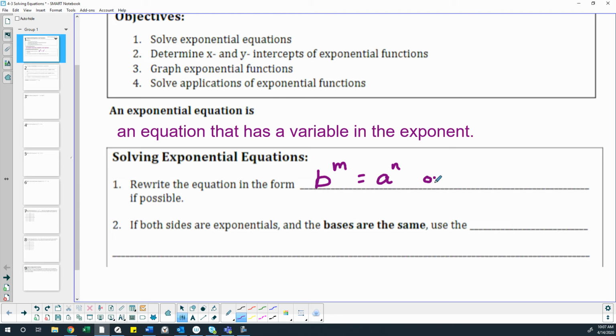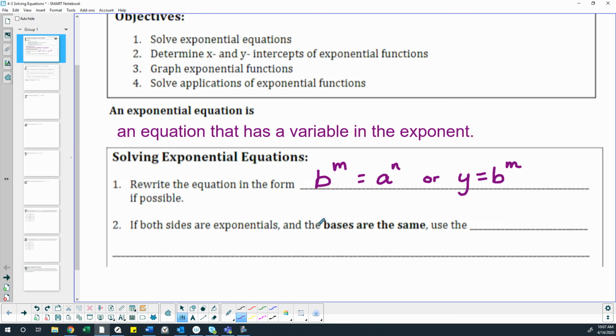Or you might have one side of your equation that has no exponent at all. So this is exponents on both sides, and this is an exponent on one side. The methods we're learning will work for either.